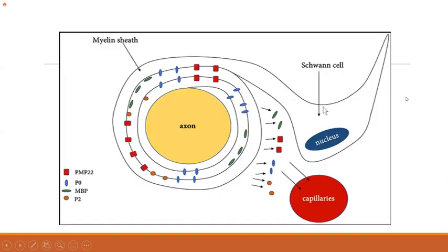In the myelin sheath, this is the axon and the surrounding myelin sheath, there are many proteins which help in Schwann cell proliferation, myelination, and compaction of myelin. These are targets of many antibodies, and mutations in these proteins can cause hereditary neuropathies.